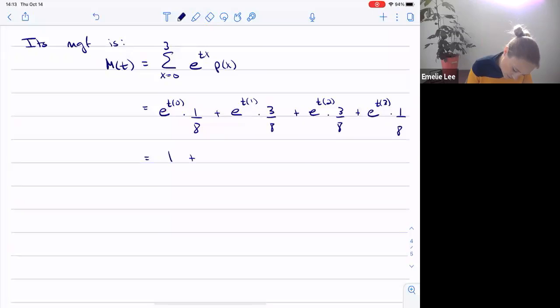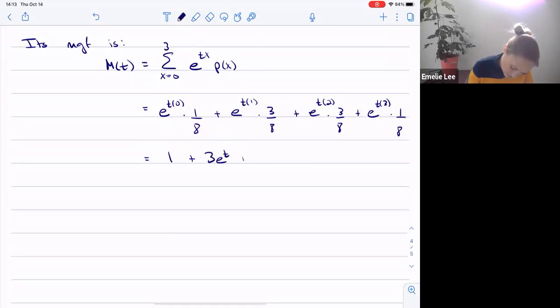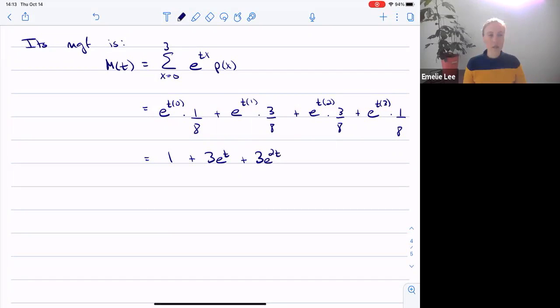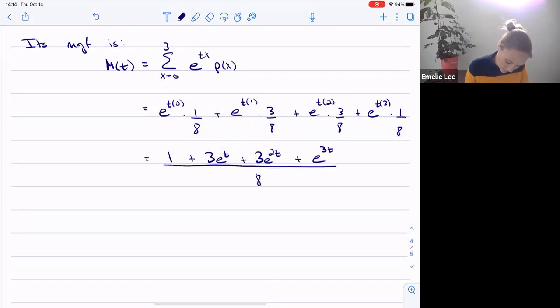So 1 plus 3e to the t plus 3e to the 2t. I'm going to rewrite that as 2t, a little bit cleaner with the coefficient in front. Plus e to the 3t. And then that's all over 8 because that's the common denominator.